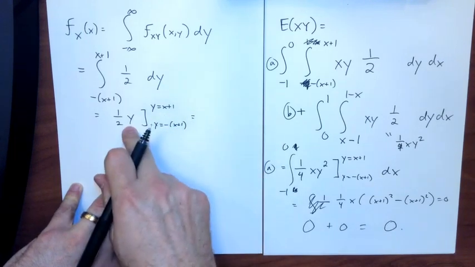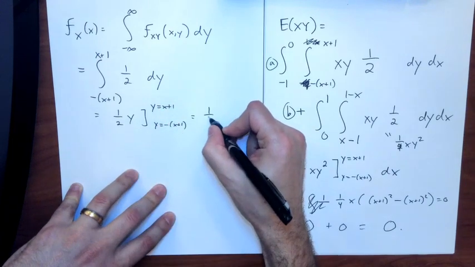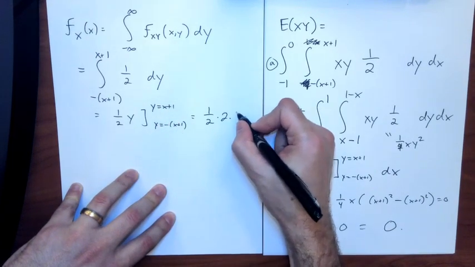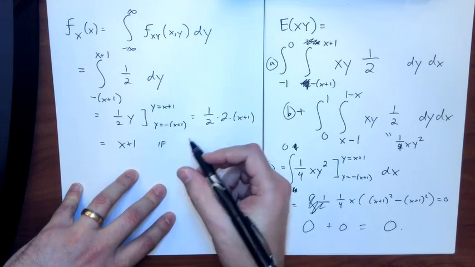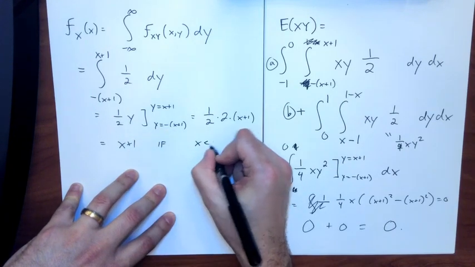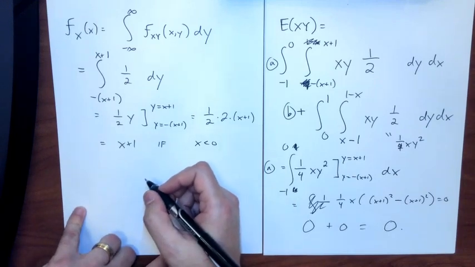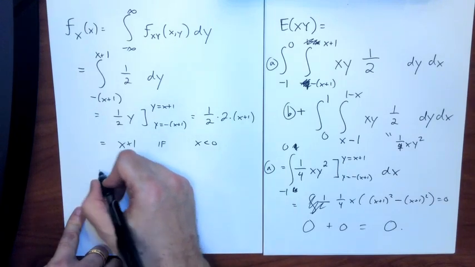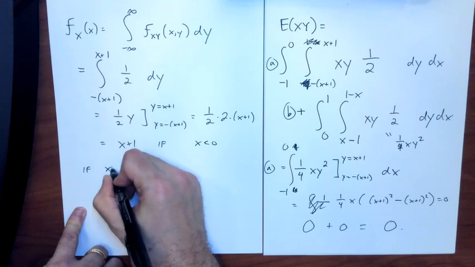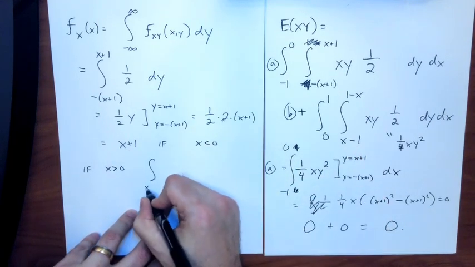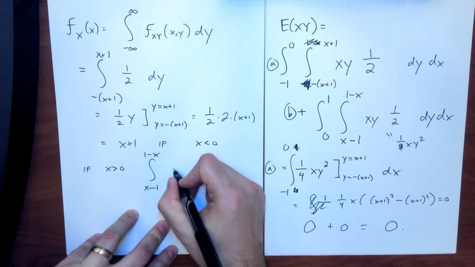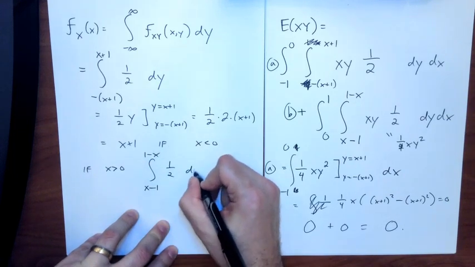And since I plug this in, I get the same thing. I'm basically going to get 1/2 times 2 times x plus 1. So I'm going to get x plus 1 if I'm in the range x less than 0. And by a similar argument, if x is greater than 0, I get the integral from x minus 1 to 1 minus x of 1/2 dy.